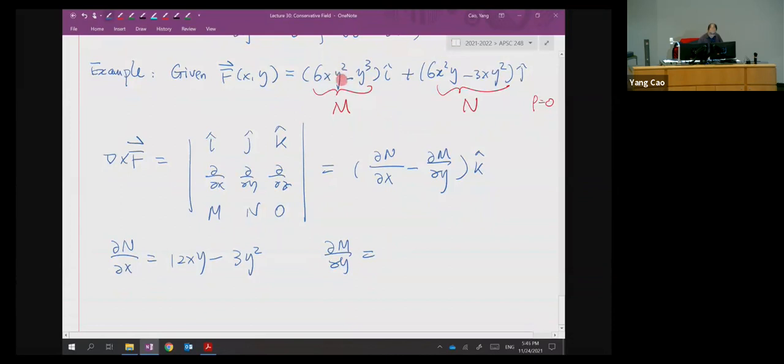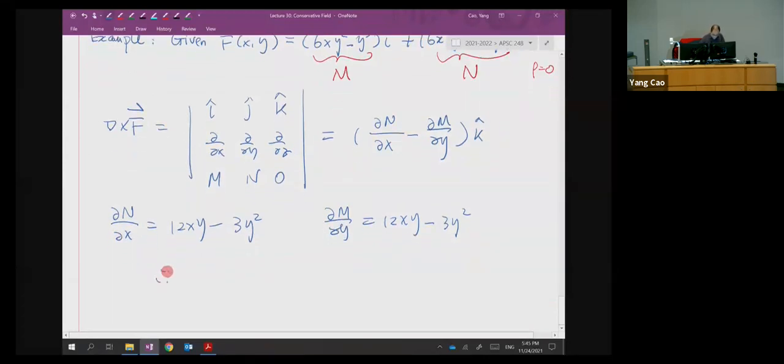Then you get 12xy minus 3y squared. It's clear that these two are the same, so that means del cross F equals 0. So everything is 0. If del cross F is 0, that means this vector field is conservative.